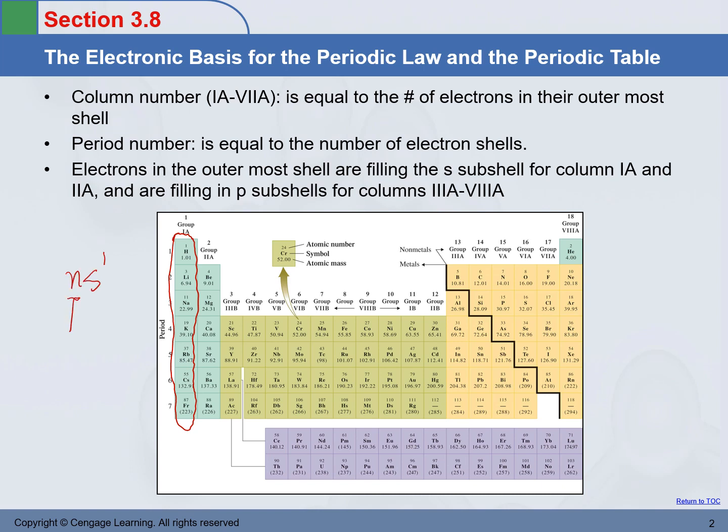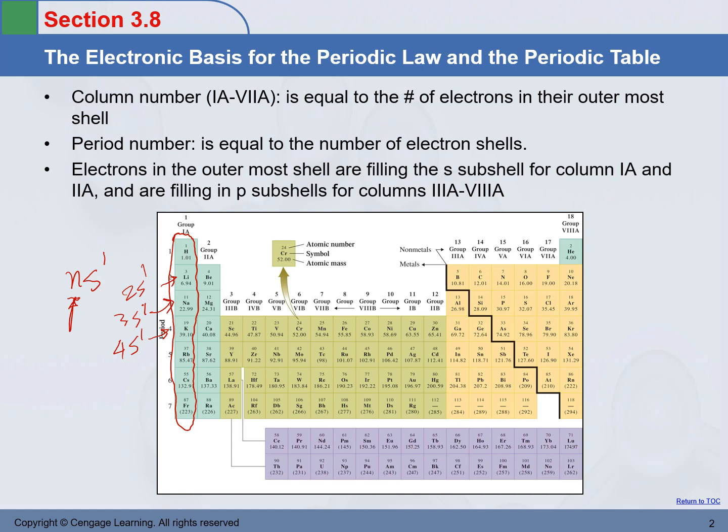I'm using n to represent the number of electron shells, which is also the outermost shell number. In the case of lithium, as we already saw on the last slide, the outermost shell will be 2s1, sodium will be 3s1, and potassium will be 4s1. That's what we saw on the last slide.